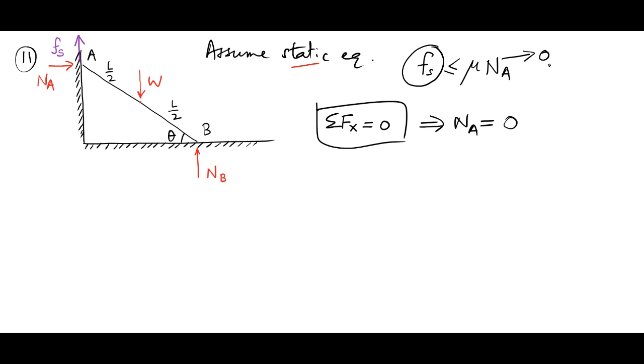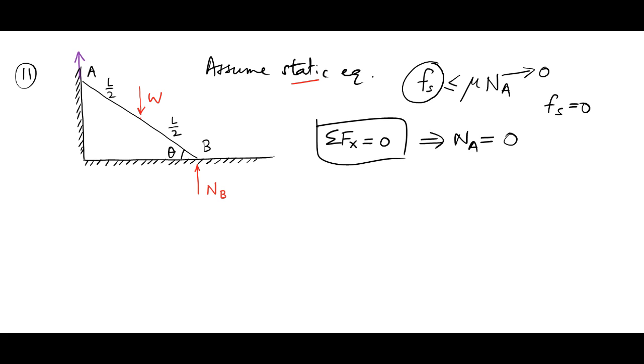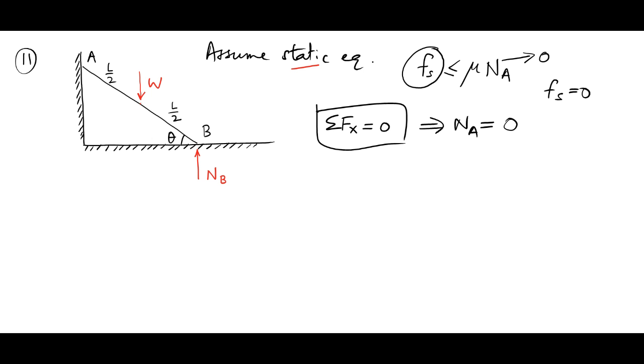Na is 0, and when the magnitude is less than or equal to 0, there's only one possibility: Fs is equal to 0. So in the FBD, I'll rub out two forces, Na because it's equal to 0, and Fs also has to go. So that's how the FBD gets modified.